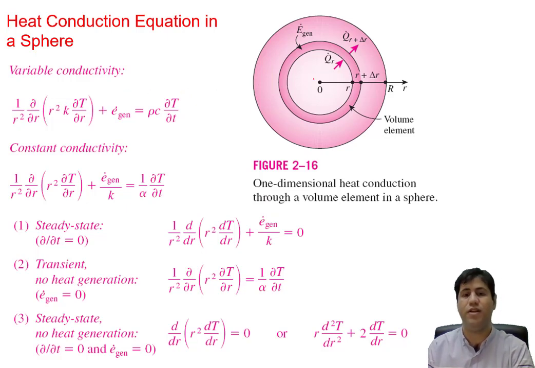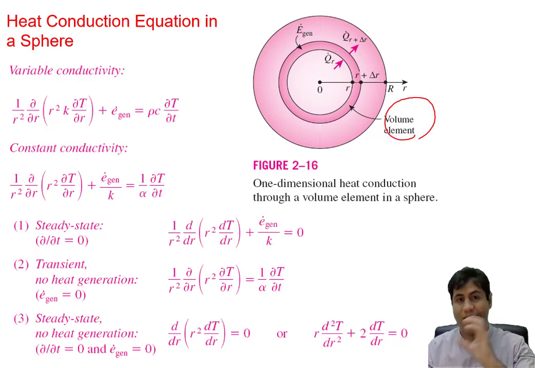With the same procedure, if we write the heat balance or thermal energy balance for our element, assume we have a sphere, then we are interested to see how heat is transferred through that. Again, we select a shell, a volume element, in that sphere.